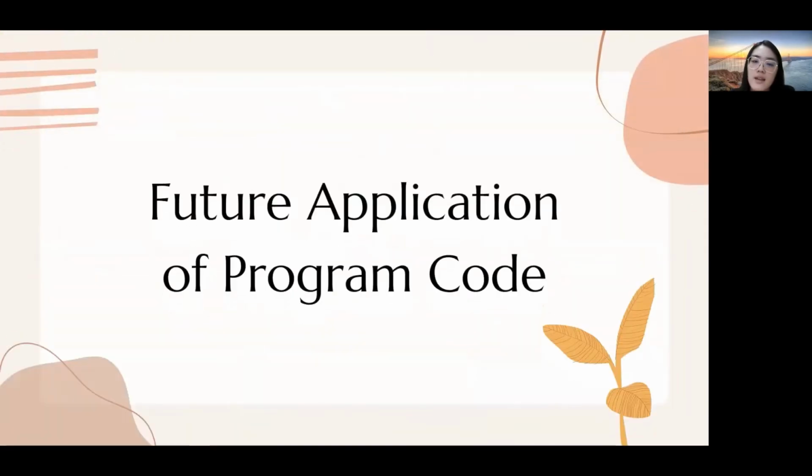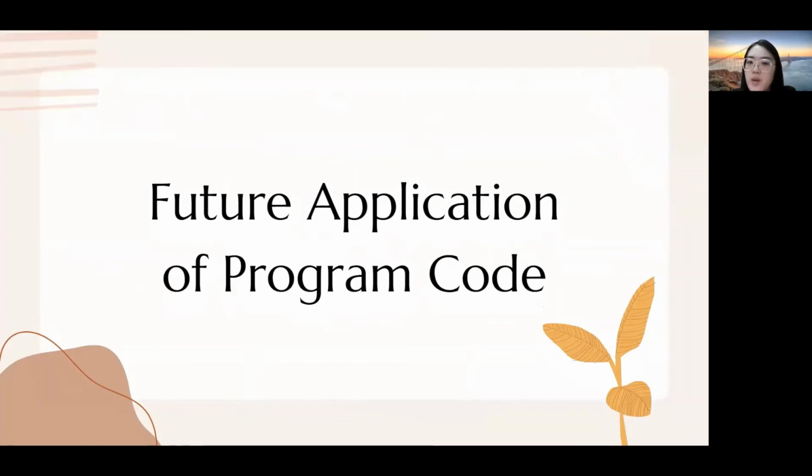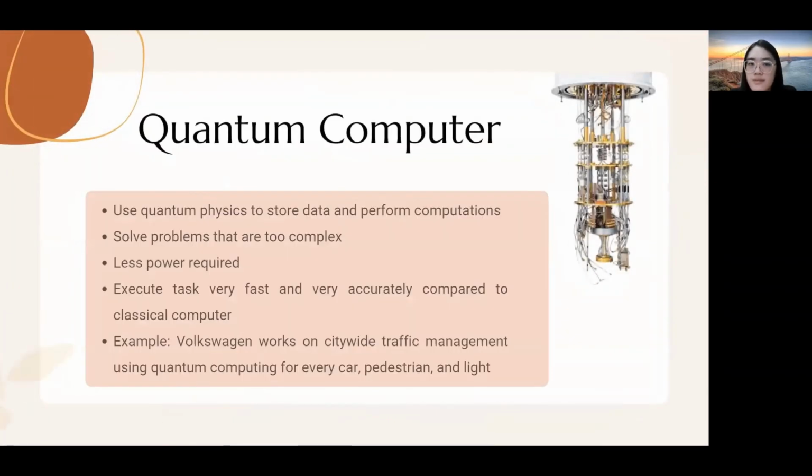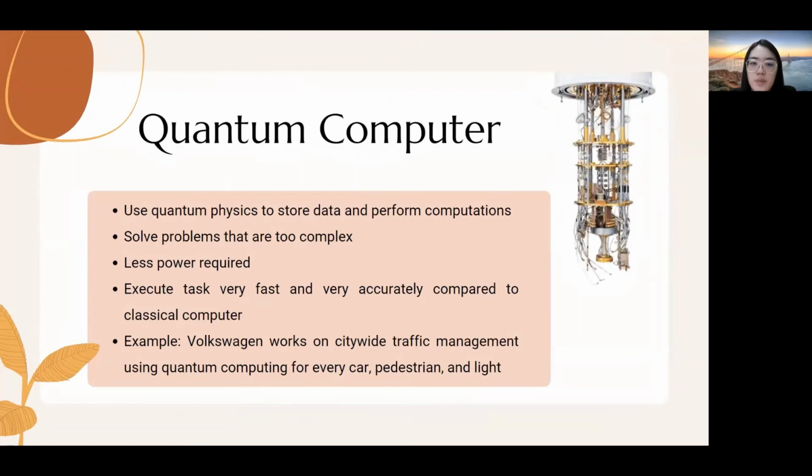So next, the future application of the program code. First, it is the quantum computer. So a quantum computer is a computer that uses quantum physics to store data and also to perform computations.